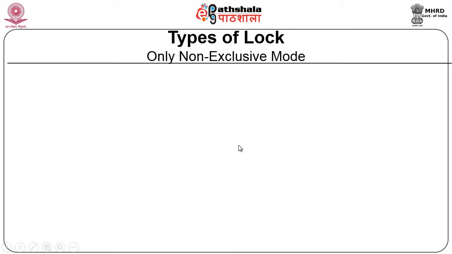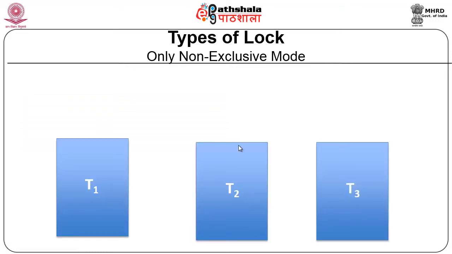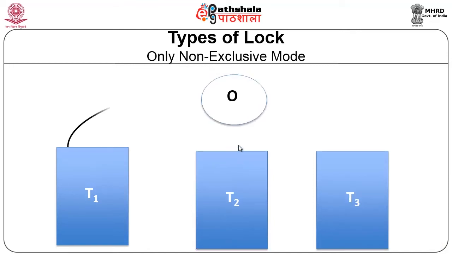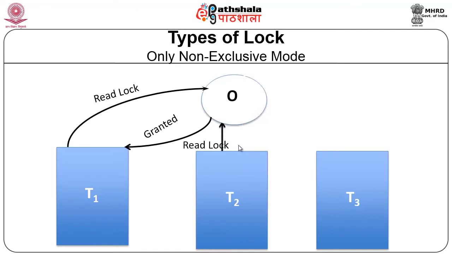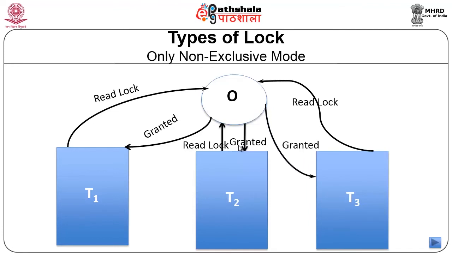So, let us look at an example. We have three transactions T1, T2 and T3, and one data object O. If transaction T1 asks for a read lock, it will be granted because no lock is there. If now T2 asks for a read lock, it will be granted. Similarly, if T3 asks for a read lock, it will be granted.